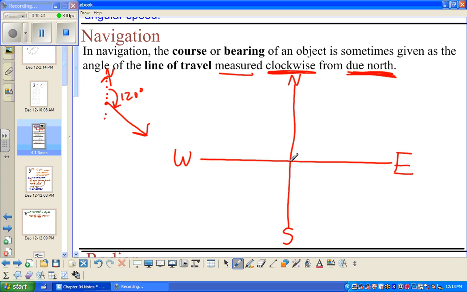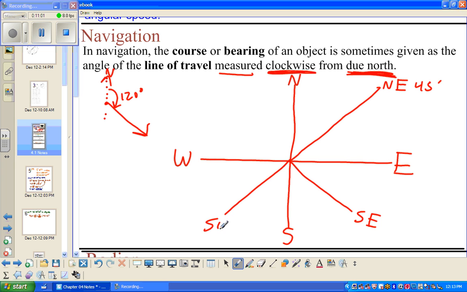And then you should realize northeast would split this in half, or northeast would be describing a 45-degree bearing. This would be southeast, southwest, northwest, and then you should be able to split those one more time.